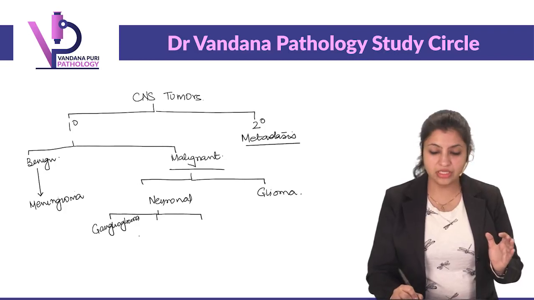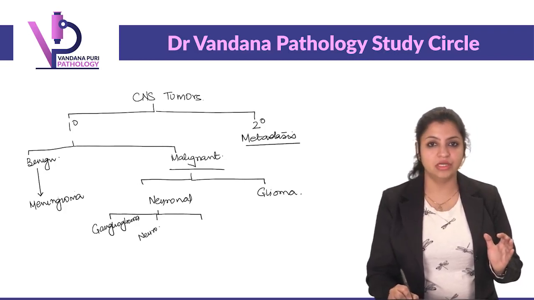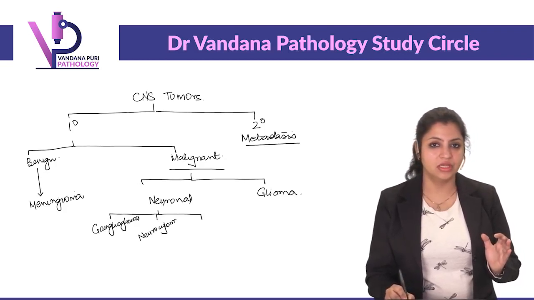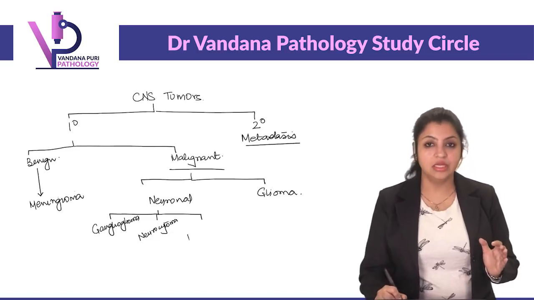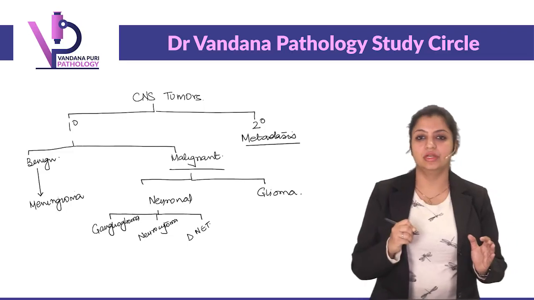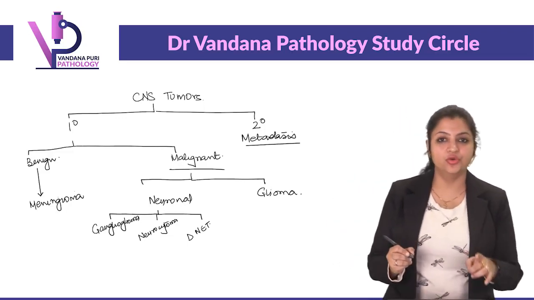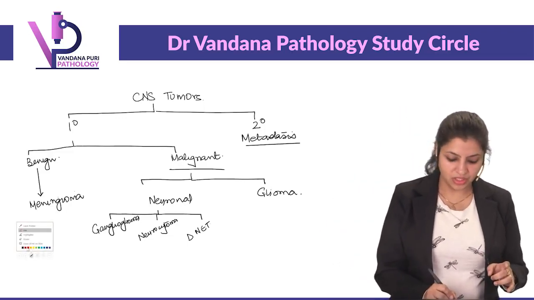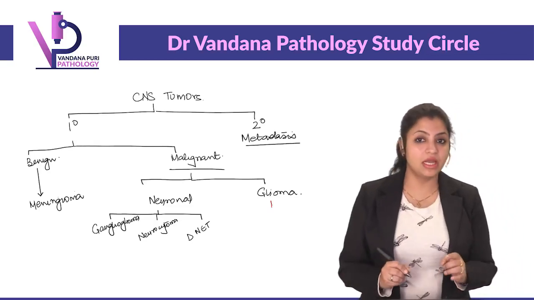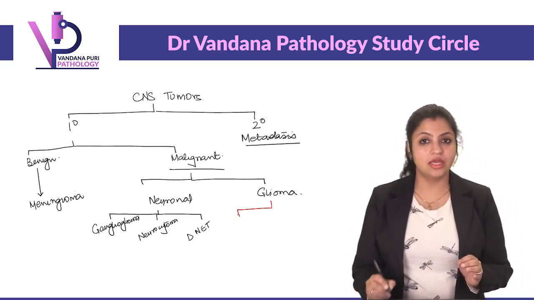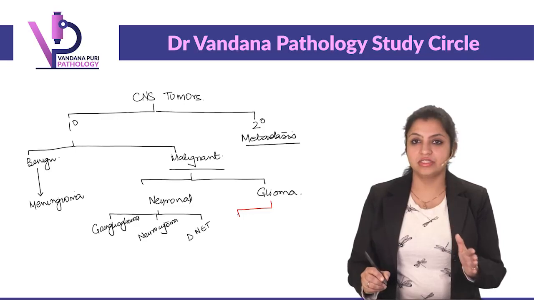The second is neurocytoma. The third is dysembryoplastic neuroectodermal tumor.